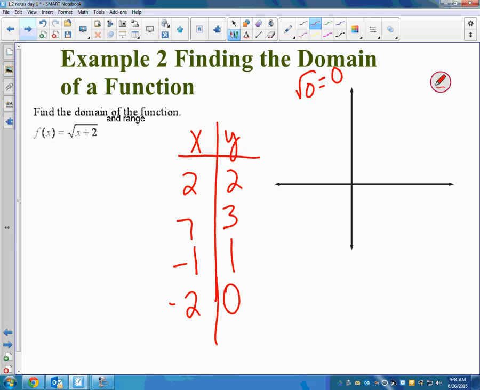Even if you don't know what the shape of this is supposed to be, if you can pick some points, you should be able to graph that and see what's happening here. If you forget what to do on the graph, make an XY chart. You always can make an XY chart.